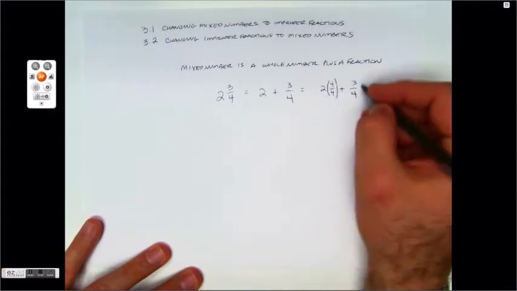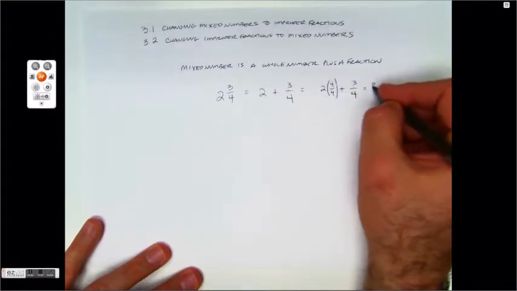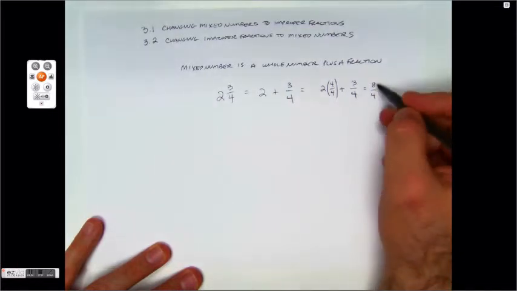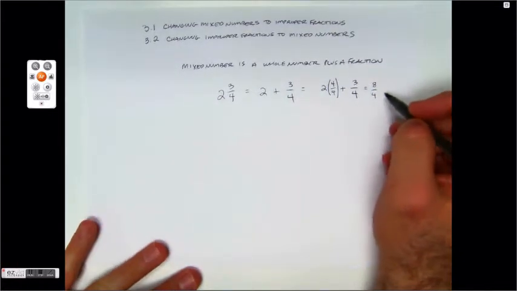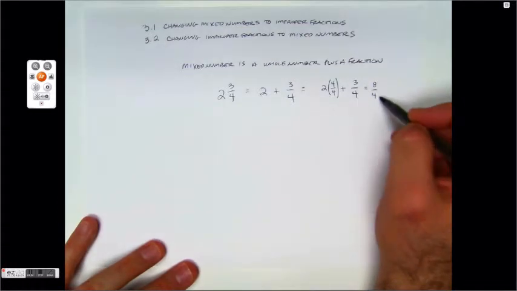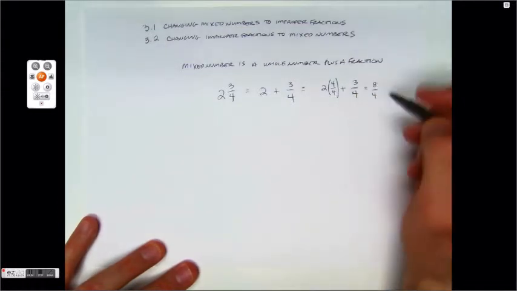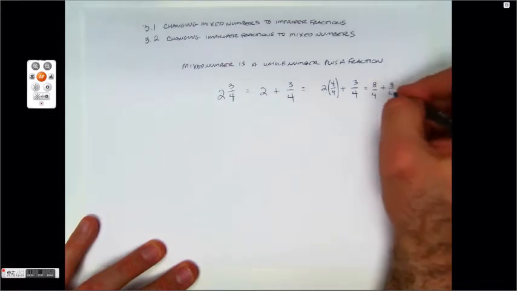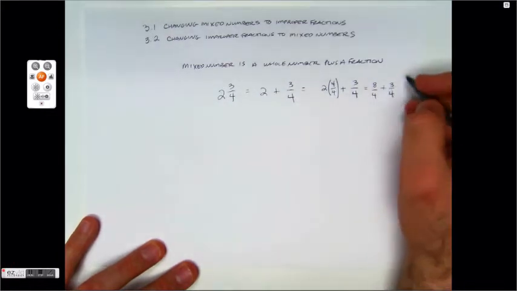So we would have 2 times 4 on top would be 8, with the 4 on bottom. So 8/4 is what we would break it up into. So 2 whole units is the same thing as 8 broken into 1/4 pieces. 4 goes into 8 2 times, plus 3/4. So you can see that this now is equivalent to 11/4.